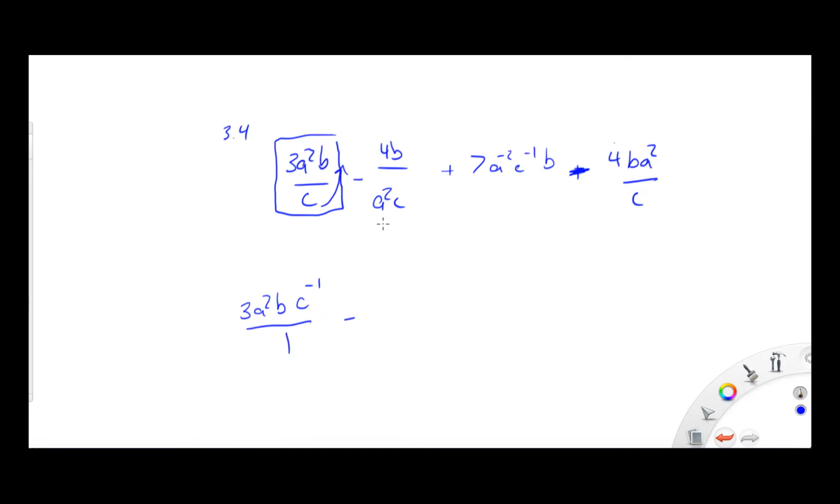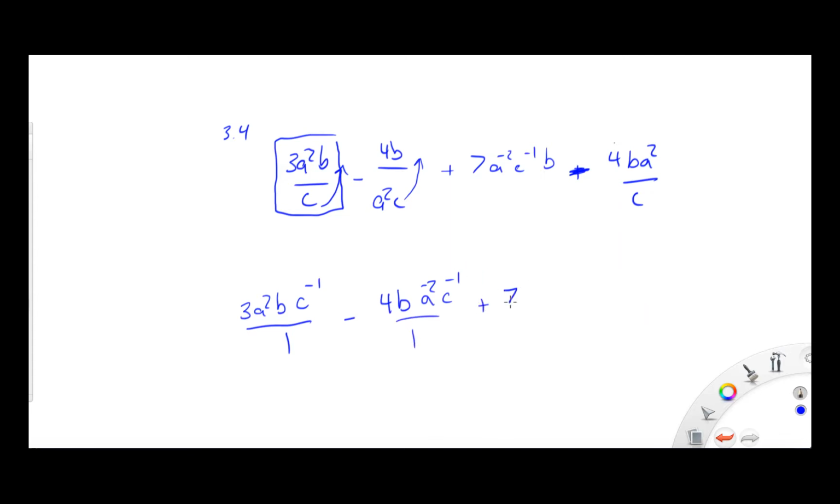Let's see if we have any other similar terms. If we move these up, we would have 4b a to the negative 2, c to the negative 1, all over 1, okay?